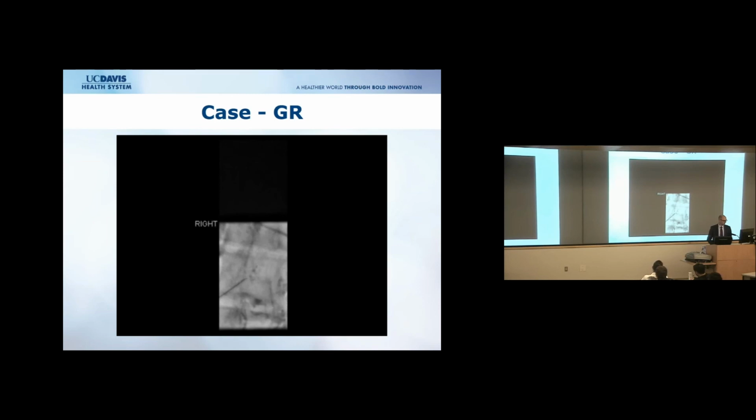You can see that they're trying to get in there, and ultimately, by using a technique where they pull back fractionally on the finder needle, they were able to catheterize that duct and move the wire superiorly.